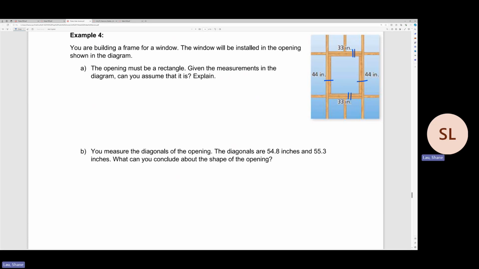And remember, our opposite sides converse says that if the opposite sides are congruent, this makes it a parallelogram, which means the opposite angles are going to be congruent. Like so. I don't expect you to notate every single thing, but it is at least a little bit important, so it might be nice to show. And so I know for sure that this is a parallelogram.